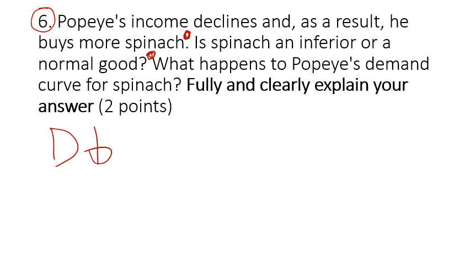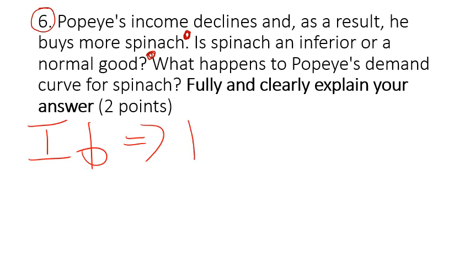Excuse me, I made a mistake there. Back to red. So we're told that Popeye's income declines, and as a result of this income decline, he buys more spinach. So demand for spinach goes up.